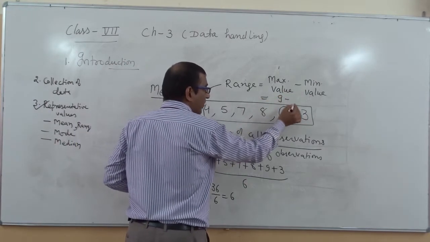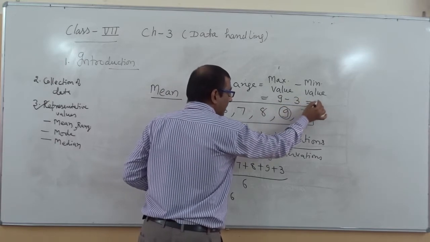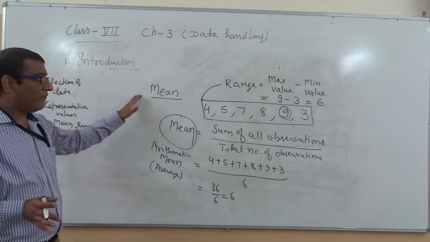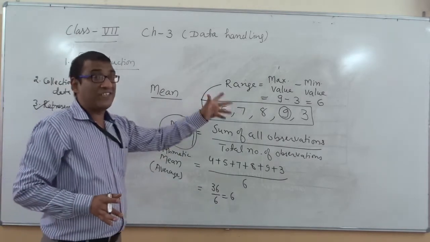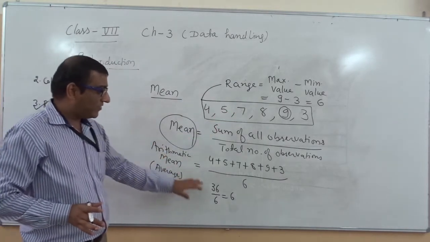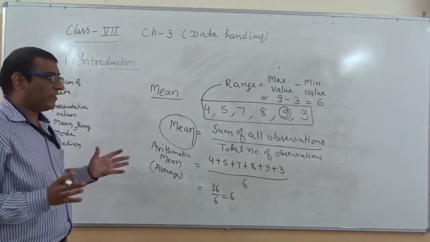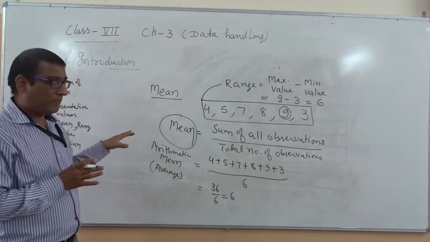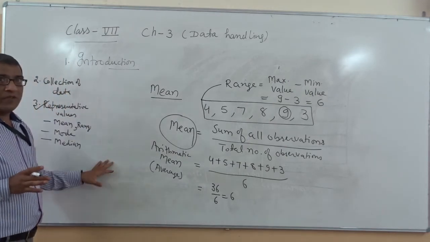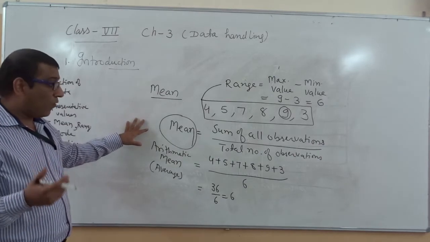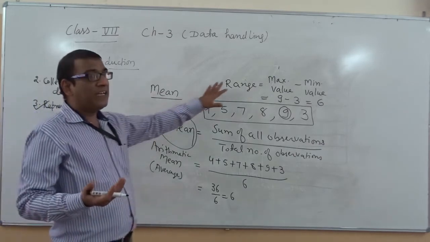And the minimum value is 3, that's why we write 3. It becomes 6. And by coincidence, in this example we are getting mean and range the same. As you see here, mean is 6 and range is also 6. So it is a coincidence. It is not necessary that both must be the same. I hope with the help of this example, it is very clear to all of you how we can calculate mean and range.